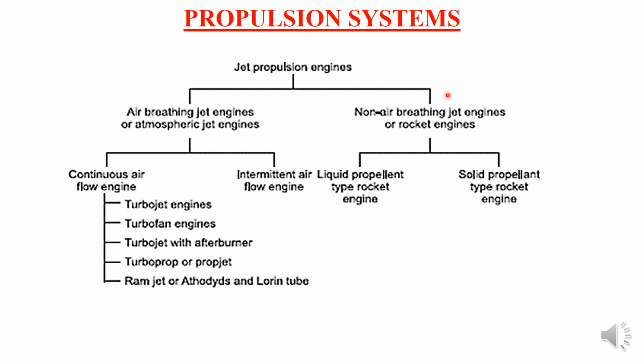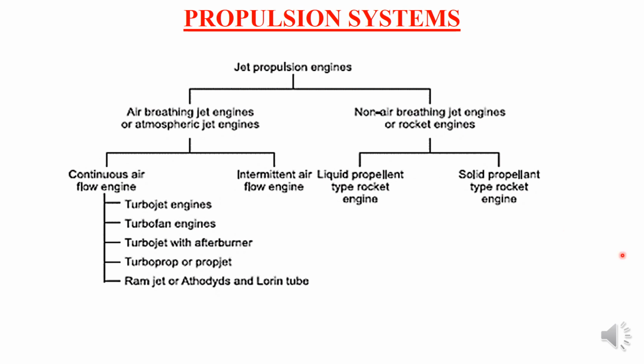In the non-air breathing engine, depending upon the type of fuel, we call it a propellant: liquid propellant and solid propellant type rocket engines. Non-air breathing means rocket engine only, because we have a separate air or oxygen system that is carried along with the engine. That type of engine is known as a rocket engine or non-air breathing jet engine.